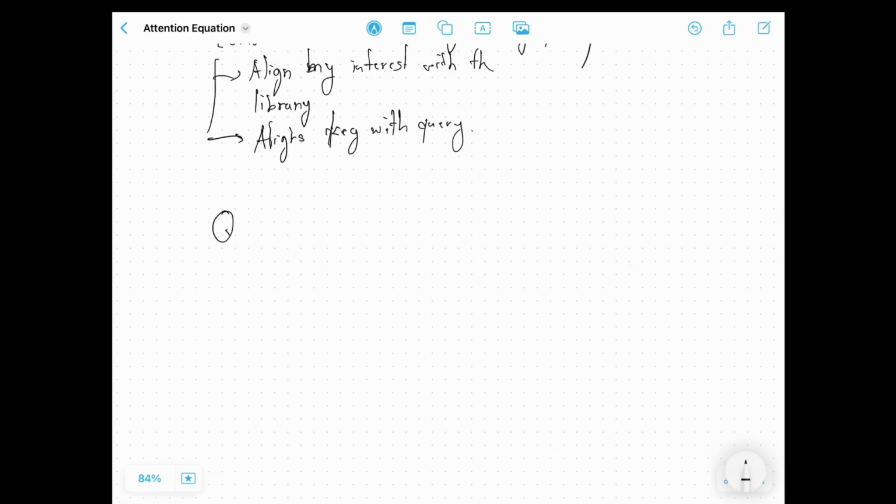Once again, from a technical perspective, query, key, and value. Query is something which I need: what do I want?